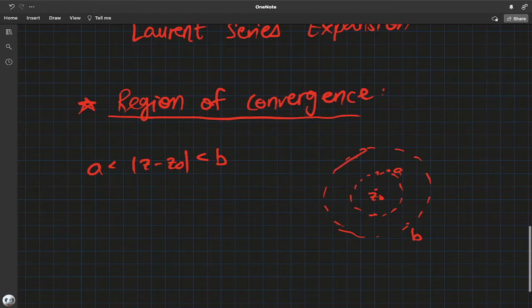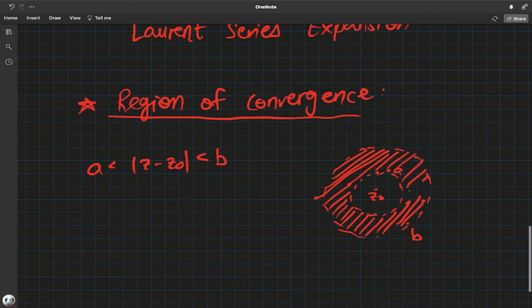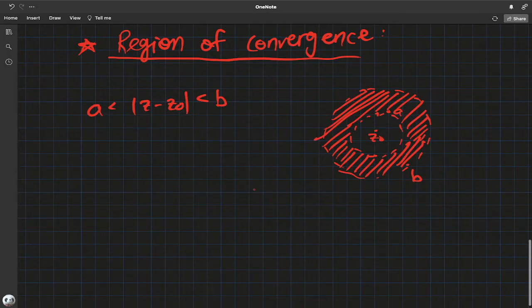So we are trapped between a and b to get a ring, not even a complete disc. A disc has the center region. We don't have the case 1 region, because that would bring us back to case 1. We're in case 2 now. So we have this nice disc shaped thing going on.